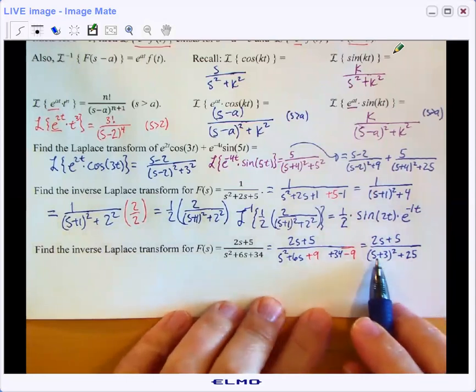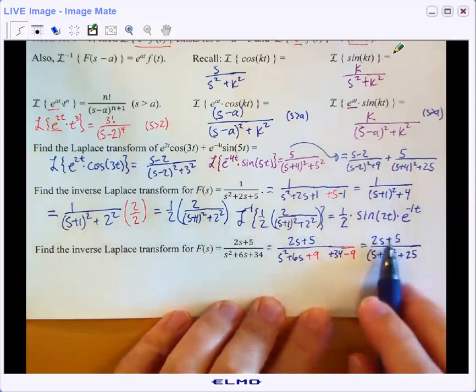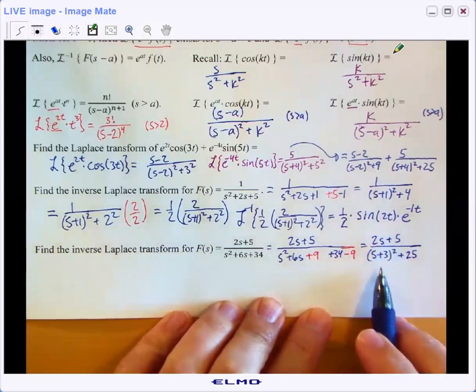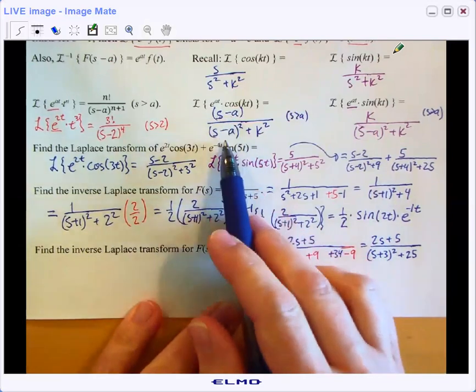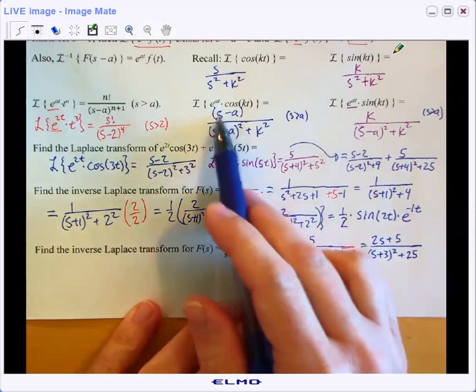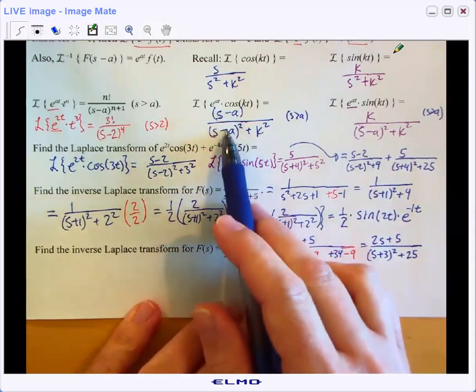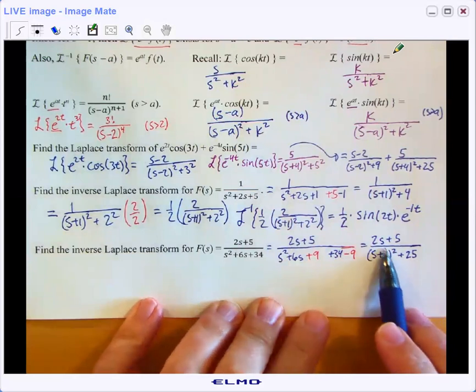We've still got a small problem though. This is 2s plus 5, but this is s plus 3. So if I were to double s plus 3 so that it made the top look like what's being squared here in the bottom on the cosine, I'd need 2s plus 6.